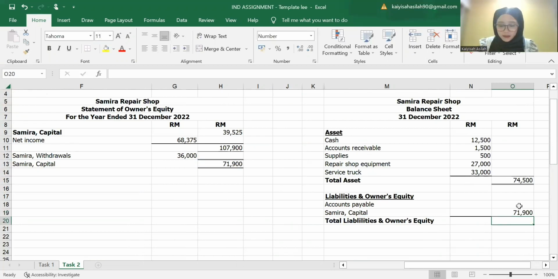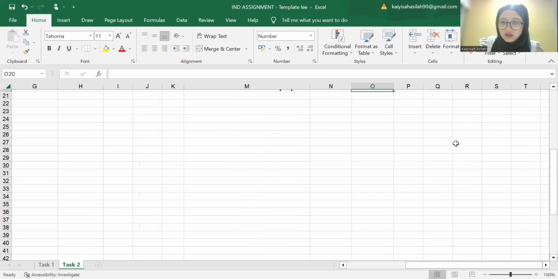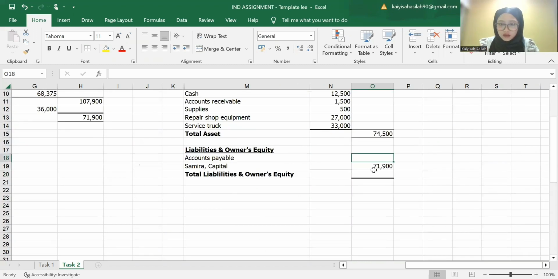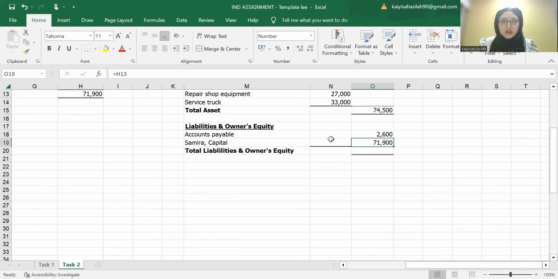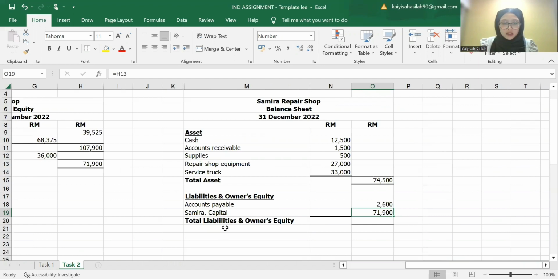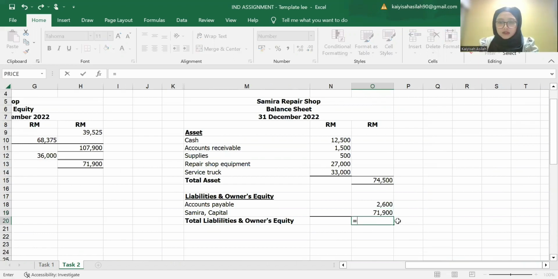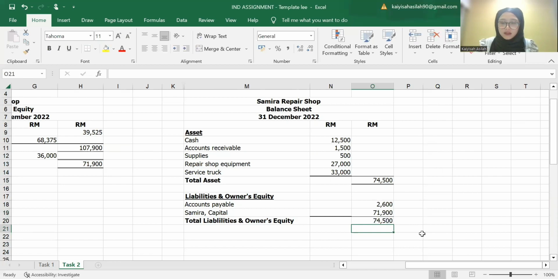Alright, enter. So the total liability and owner equity: you have to plus Samira capital plus this, and you get 74,500. That's all. Thank you.